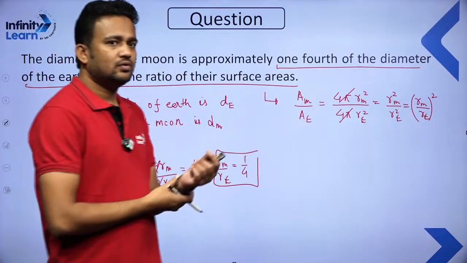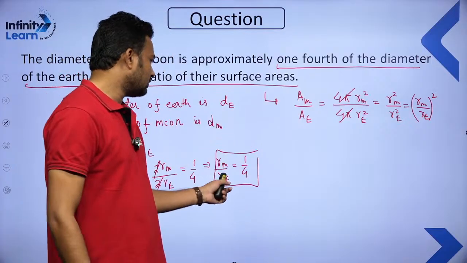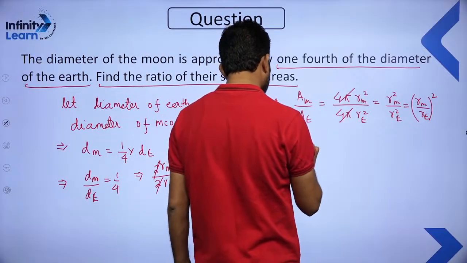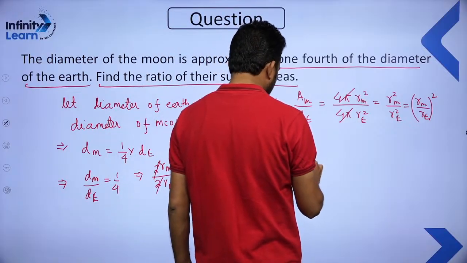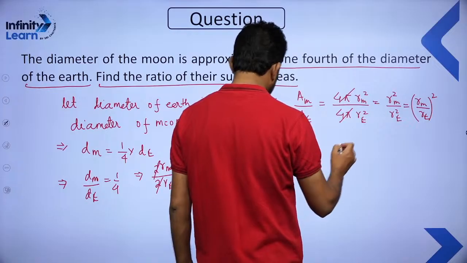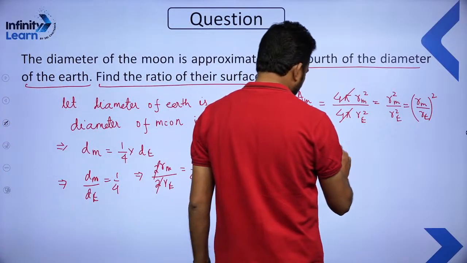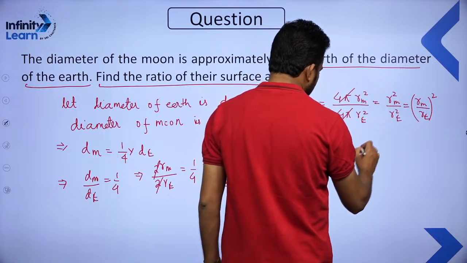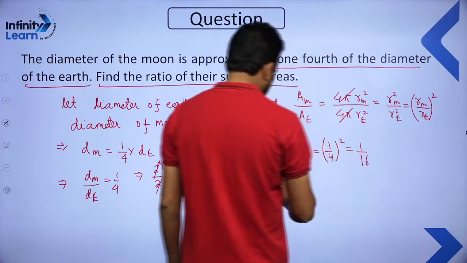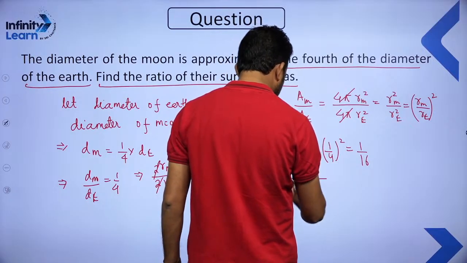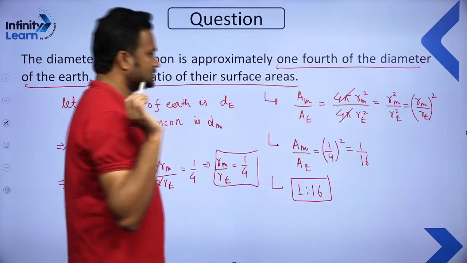And rm upon re is already given, which is 1/4. So simply substitute over here and we'll get 1/4 square, which is 1/16. So the ratio will be 1:16. This is the final answer, guys.